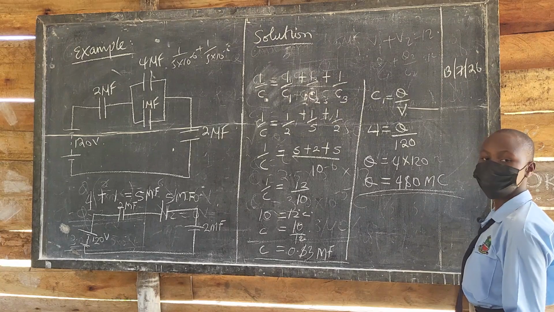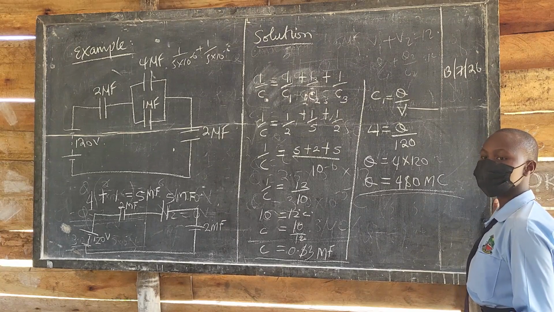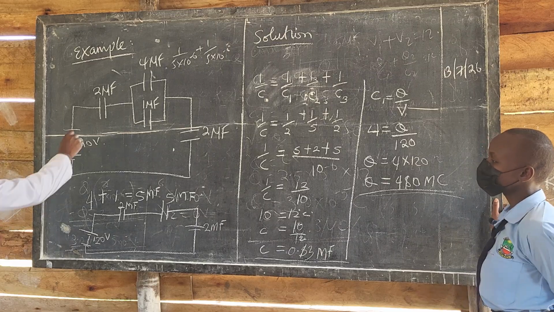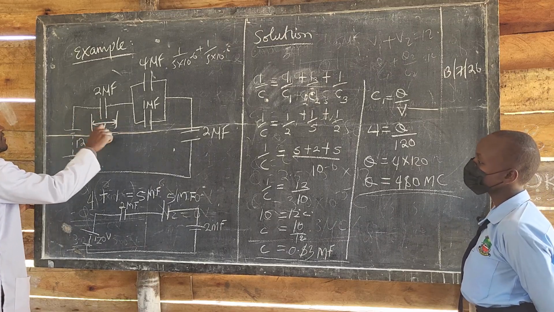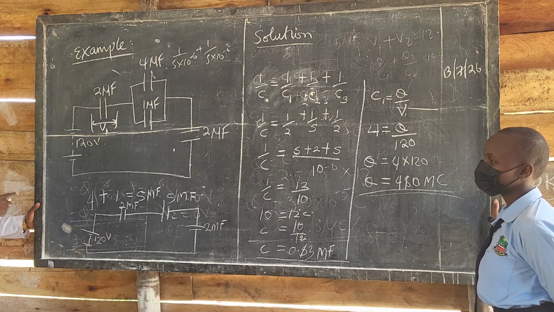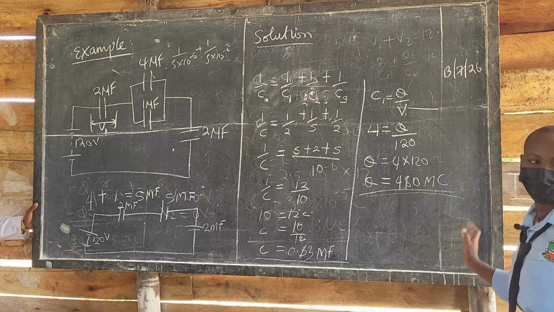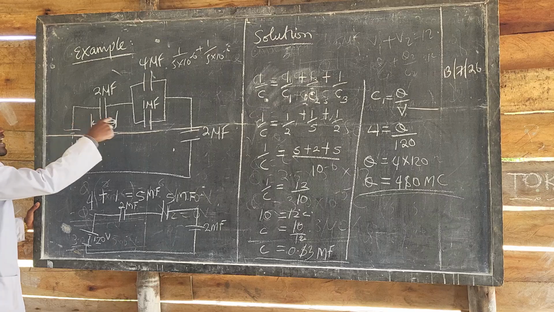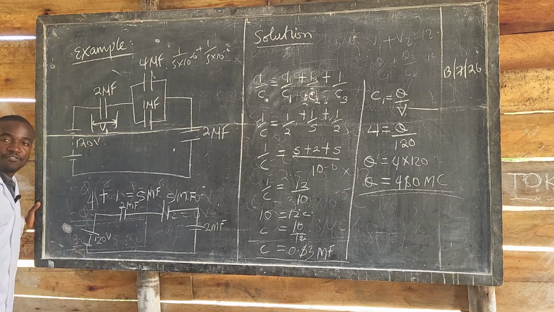So one thing our sister has to do first is to get the PD across these ones here. The PD across this, call it V1. Can we look here, everybody? If she gets the PD across this, and all of these ones are in what form of arrangement? Parallel.